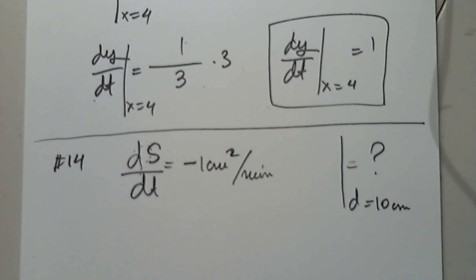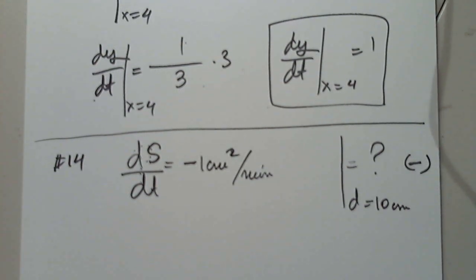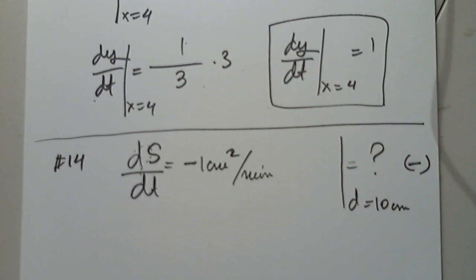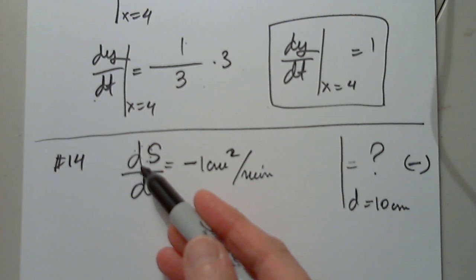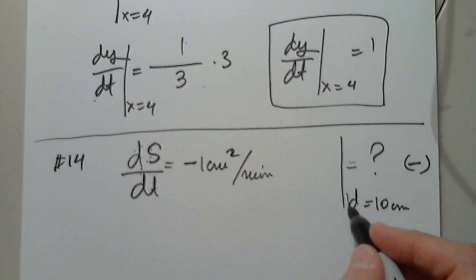Find the rate at which the diameter decreases. So I'm expecting a negative number when the diameter is 10 centimeters. Again, I have to identify what this is. I don't want to use D for diameter because D normally stands for the derivative. So I'm going to use W.